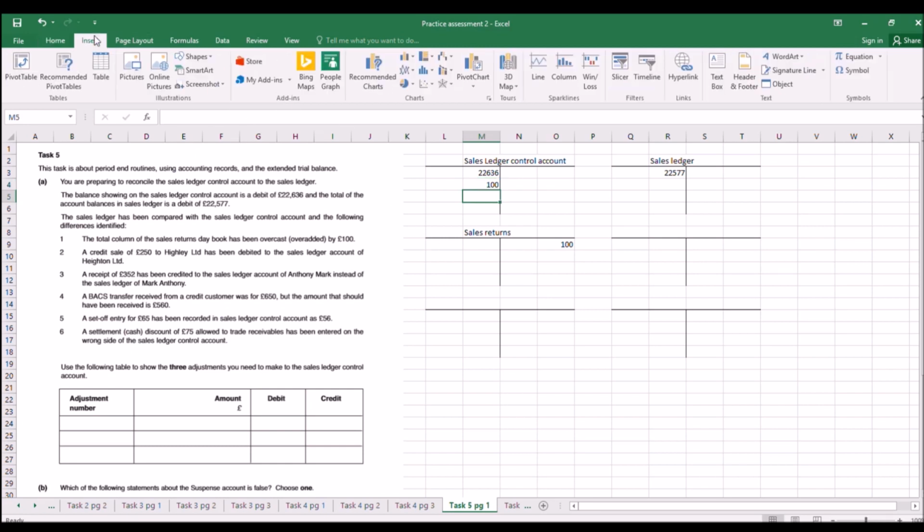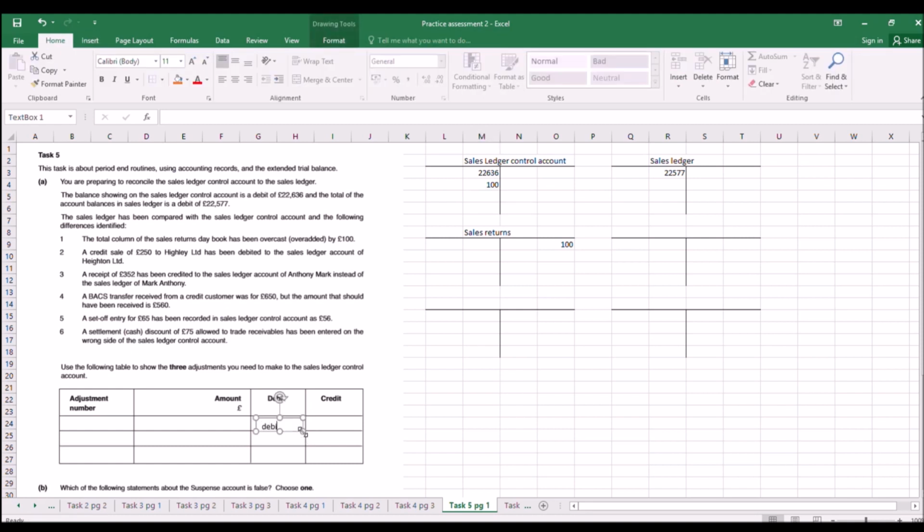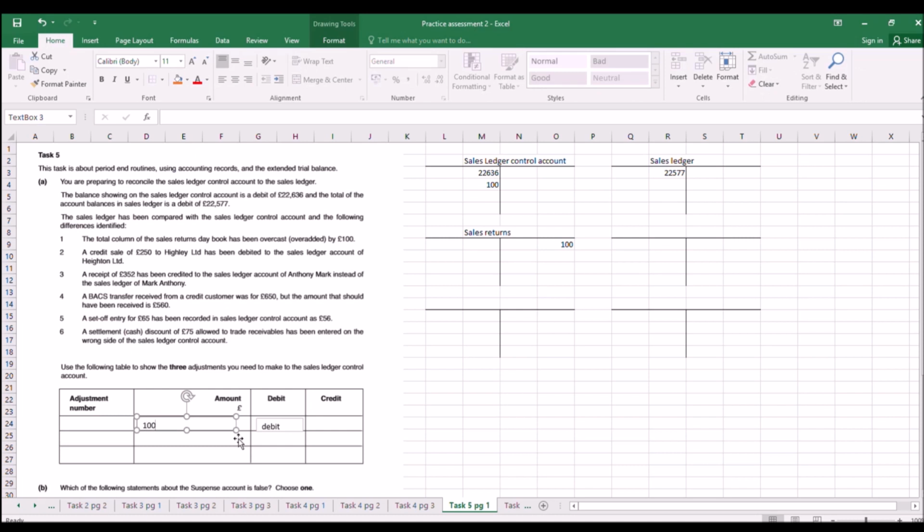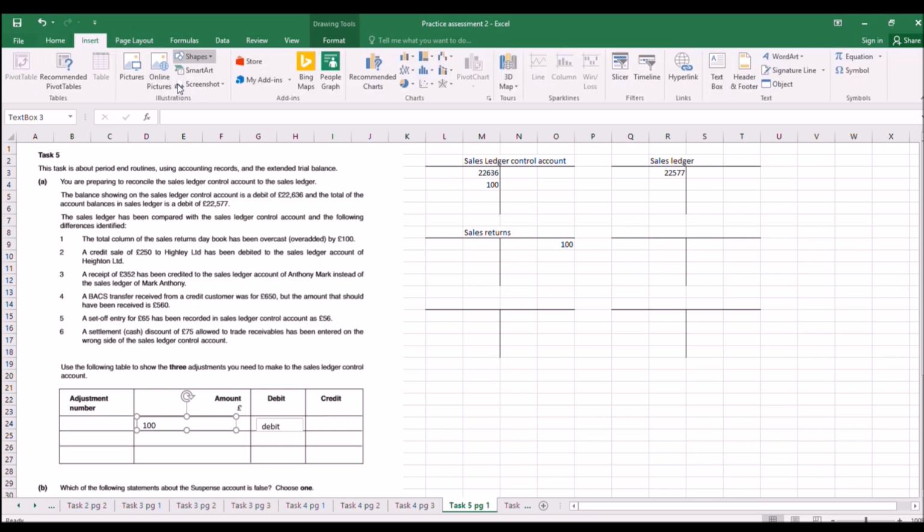There, so let's put that in. Sometimes it's like, what are the three things that are going to make up the difference. So we're going to have debit in here, and the amount's going to be 100, and it's going to be number 1. So that one's going to go in.